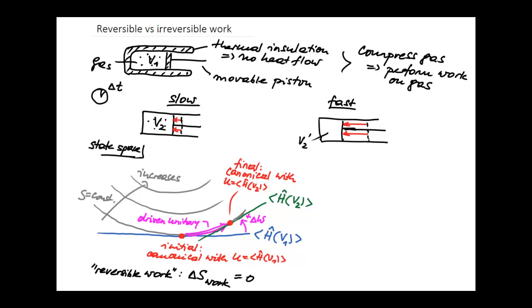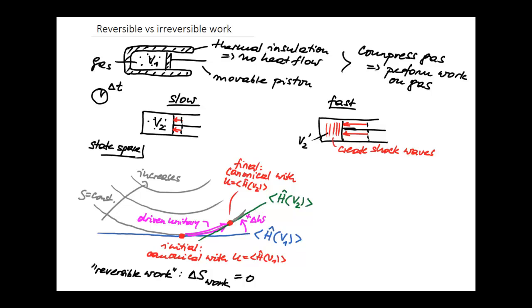Now you all know from experience what happens if you compress a gas very fast. Then for a while you push the gas out of equilibrium. You create shock waves which only after some time then dissipate and vanish, and you are back to equilibrium. And then the gas re-equilibrates.